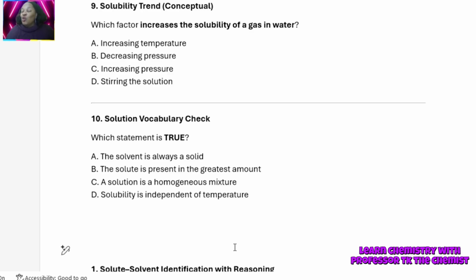C, a solution is a homogeneous mixture. Or D, solubility is independent of temperature. This one for number 10 should be really straightforward, and you should say C. Yep, C.